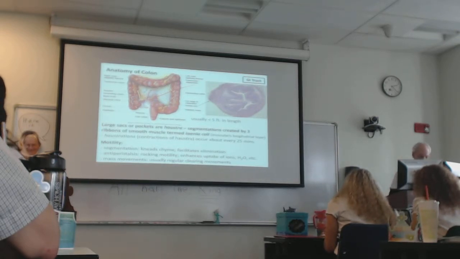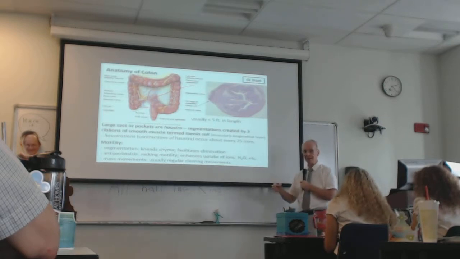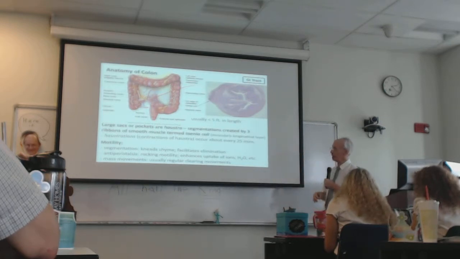The downside is that as the water is extracted from the chyme, it becomes more like cement. And thus, if that cement is not kneaded, K-N-E-A-D, not broken up like bread dough, it can set up and become very difficult. And of course, that's called constipation, right? That's one of the possible causes of constipation.